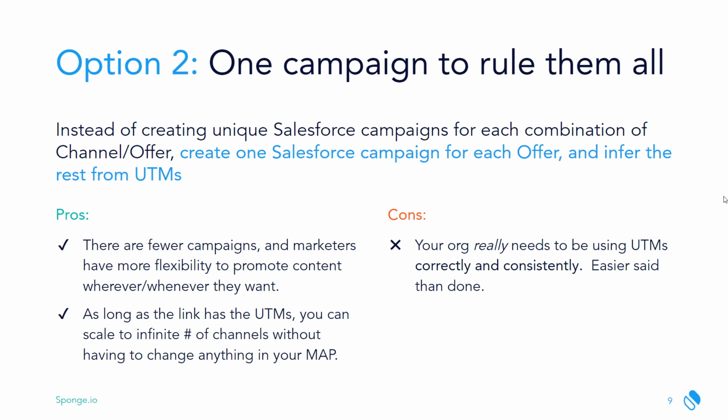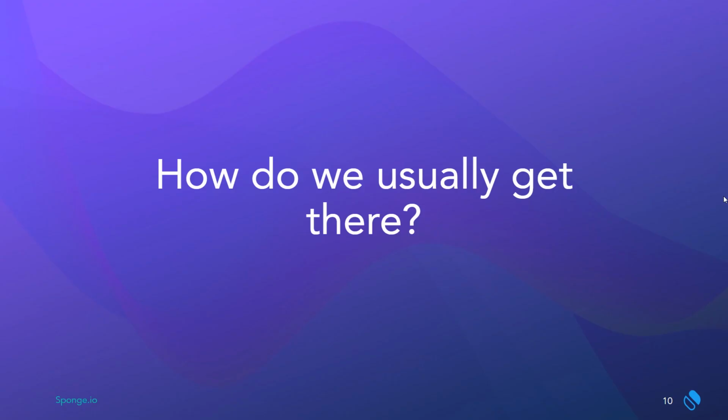So you don't want to have one campaign for my awesome ebook, one campaign for paid search, because now if somebody comes to your ebook through paid search, you're either adding them to two campaigns or trying to decide which one to add them to, and now you're just mixing and matching, and it's no bueno.